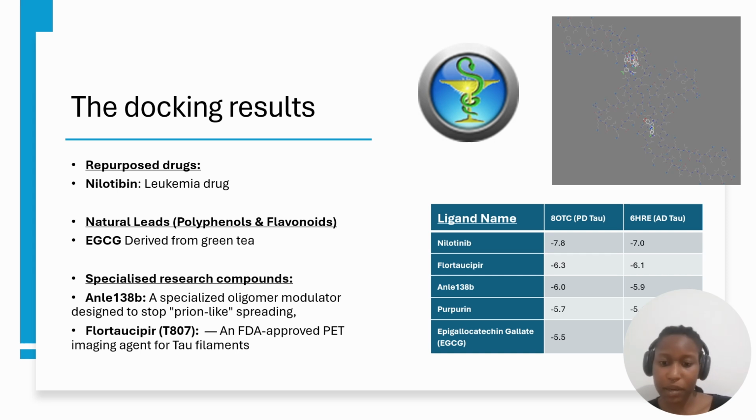At best, they're maybe on the lower side of acceptable, except for nilotinib, which has a very strong binding affinity at -7.8. It is actually a leukemia drug, and the natural compound, which is derived from green tea, is not doing as well.